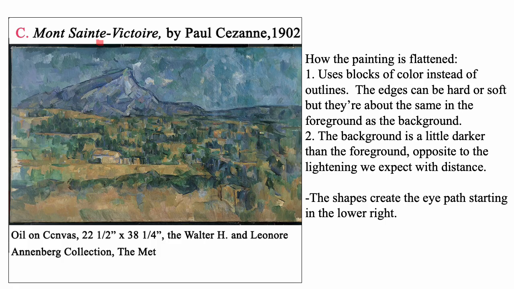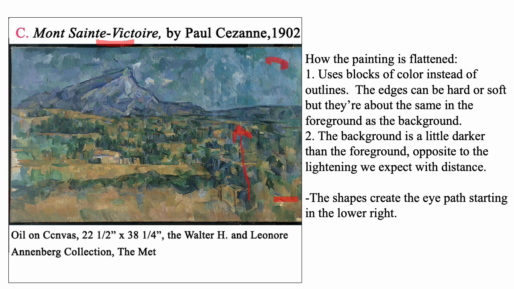In this famous painting by Cézanne, he doesn't use outlines, but rather blocks of color, rendering most of the edges indistinct. So the buildings and trees merge together. The painting is flat because it's low contrast and because the foreground and the background are similar in values, edge quality, saturation, and so there's no sense of depth or atmospheric perspective.